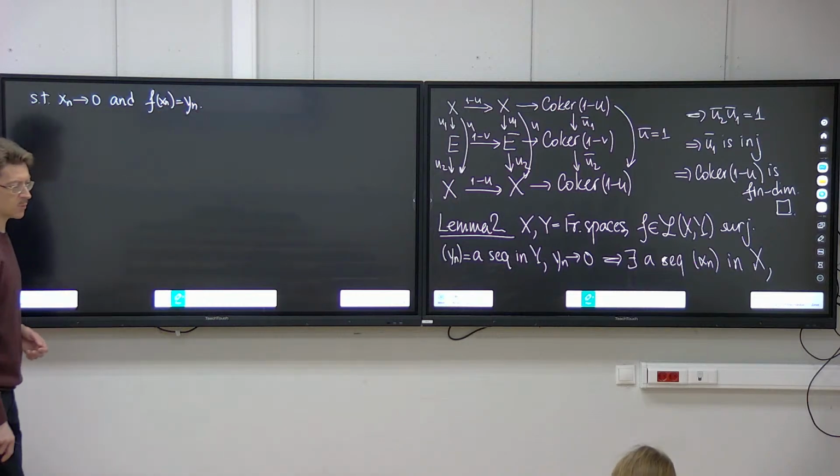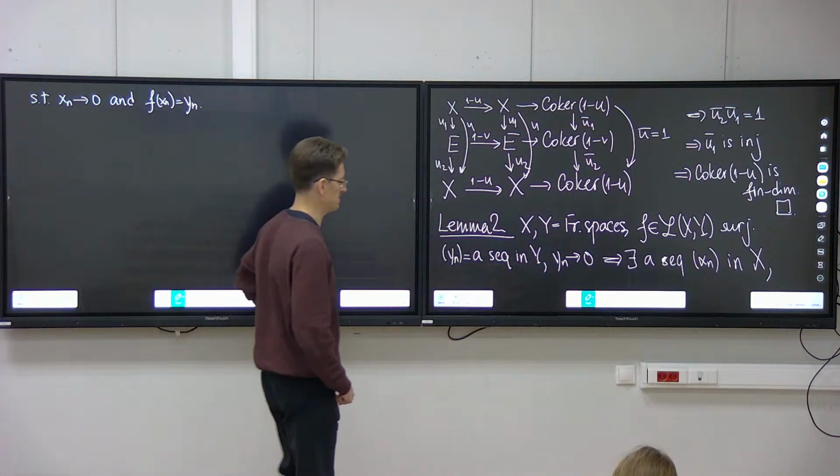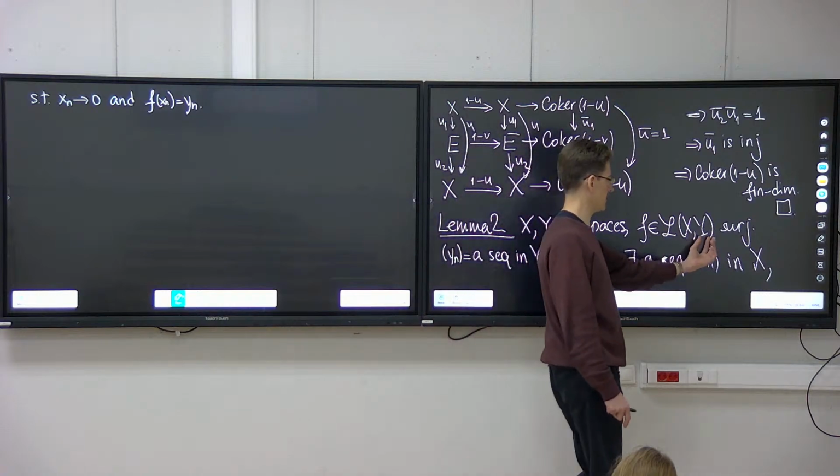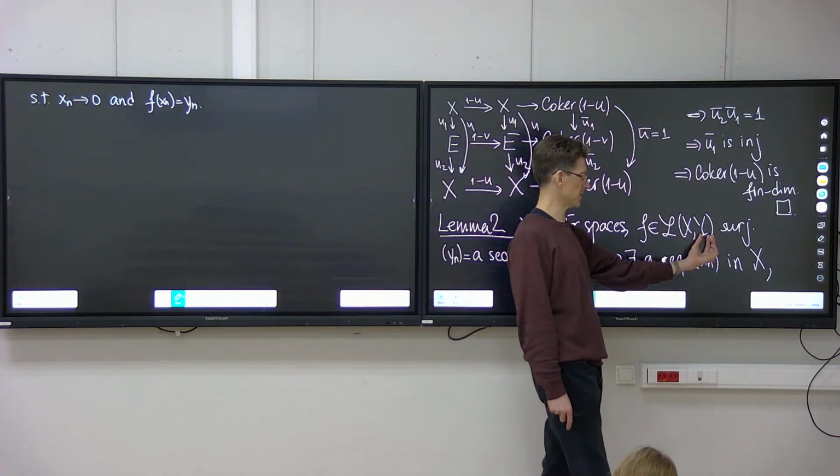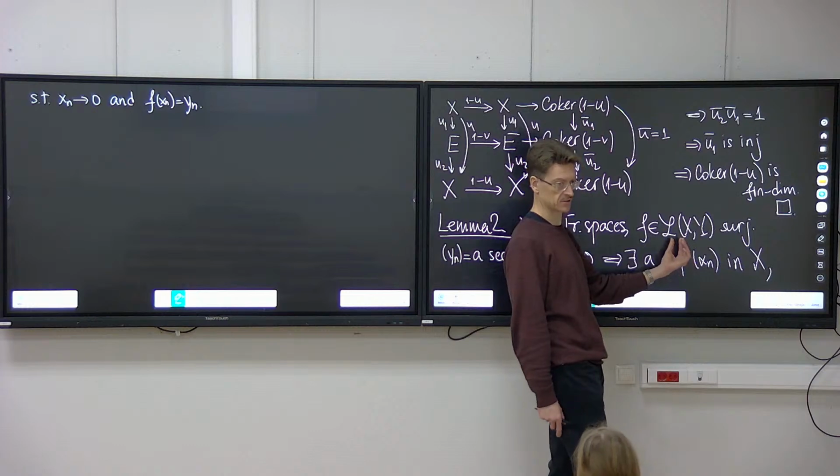In other words, we can lift sequences converging to 0. You have a surjective linear map between Fréchet spaces, then every sequence in Y converging to 0 can be lifted to a sequence in X converging to 0.